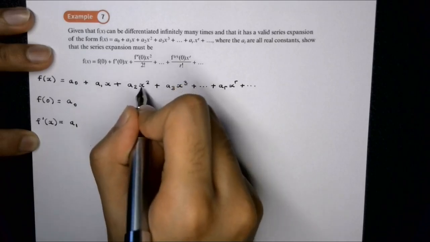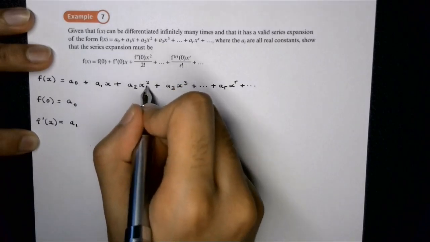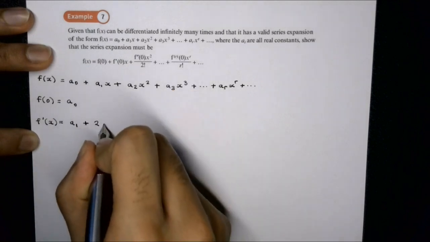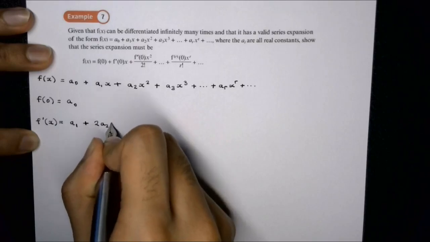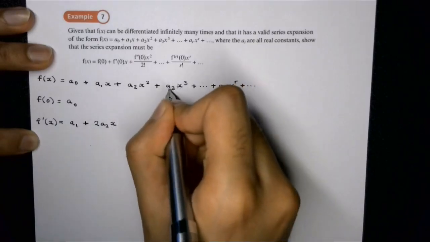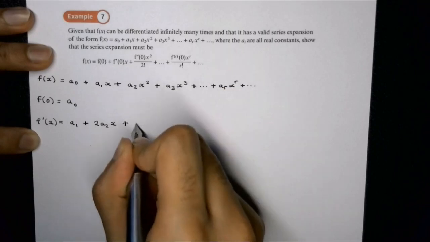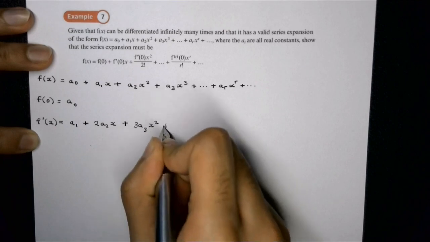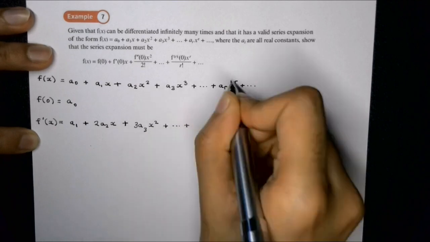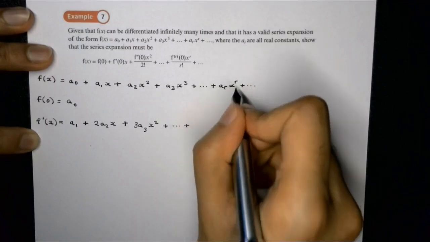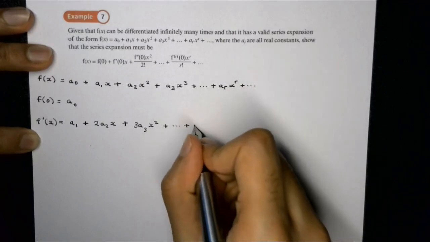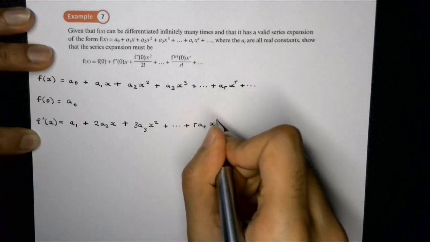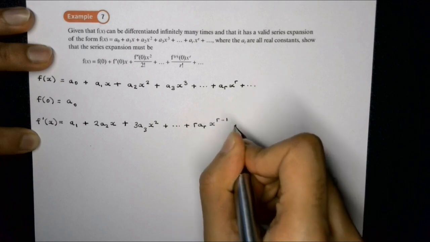Differentiating a2x squared, we'll end up with 2a2x, differentiating a3x cubed, we'll end up with 3a3x squared, and then we can continue this differentiating ar x to the r, we'll end up with r times by ar x to the r minus 1, and then we continue on.